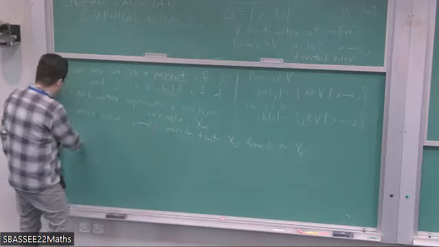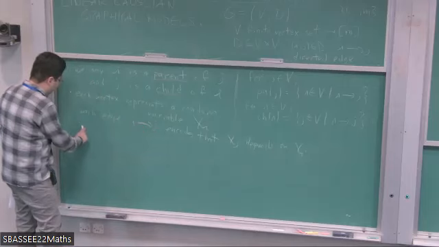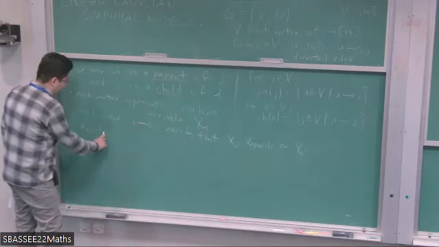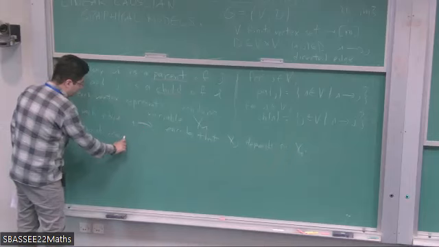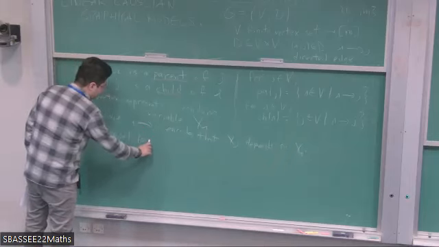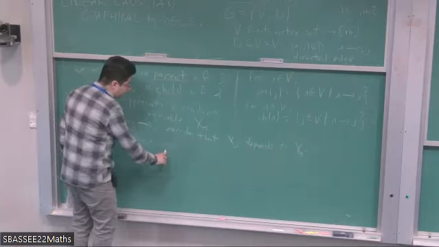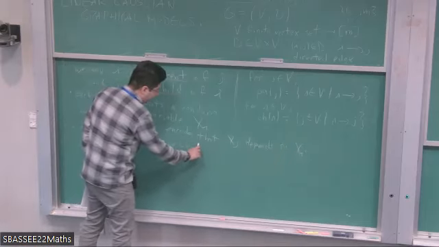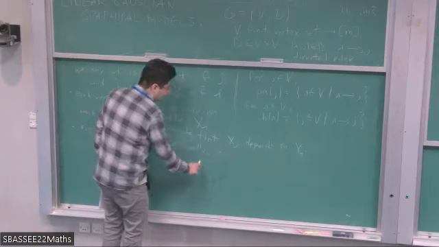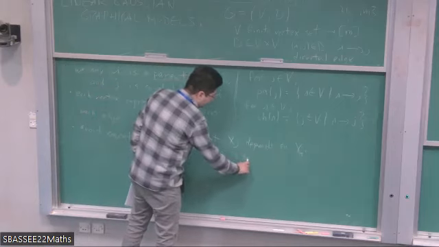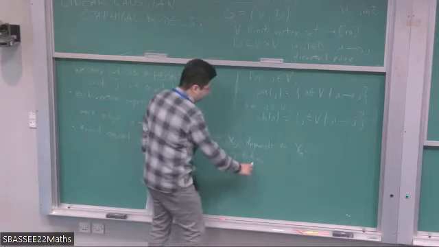So usually we want to avoid some kind of causal loop, and this means that usually G is taken to be a DAG.